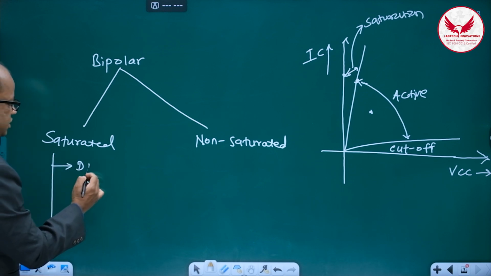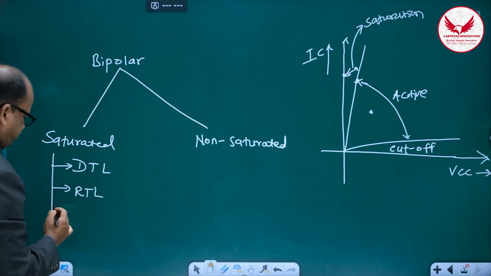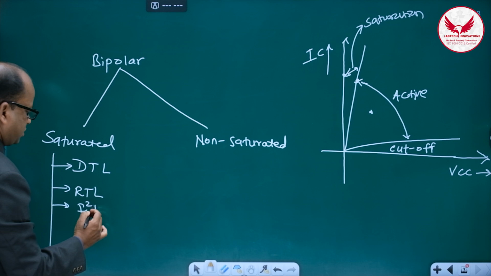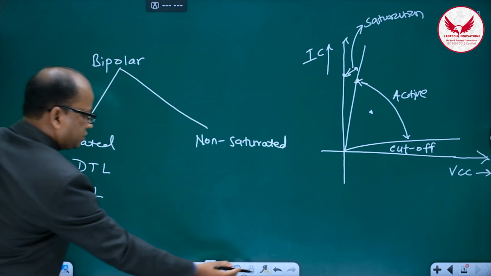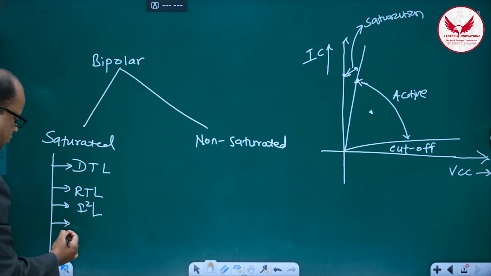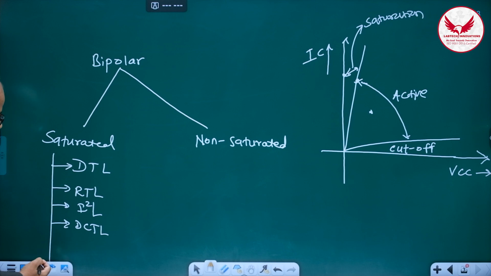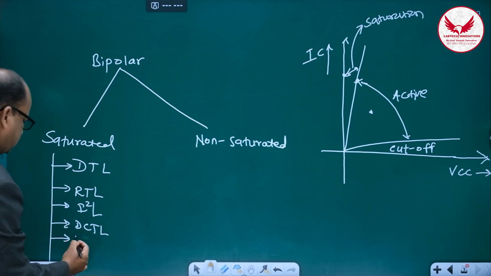One is DTL, the next is RTL, I square L, then DCTL, HTL, and the last one.